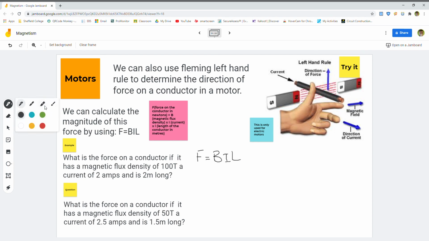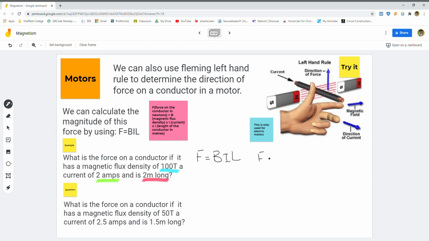Let's break this down. Our magnetic flux density is in Teslas. Our current is in amps. And our length is in meters, 2 meters. So let's do this equation then.